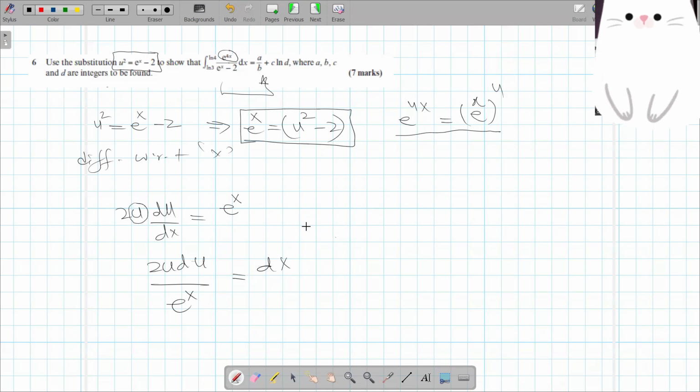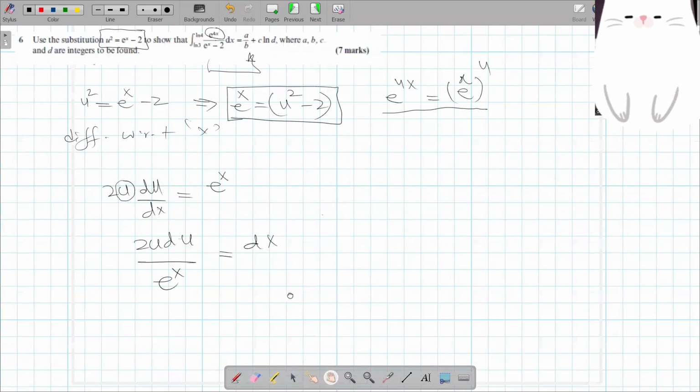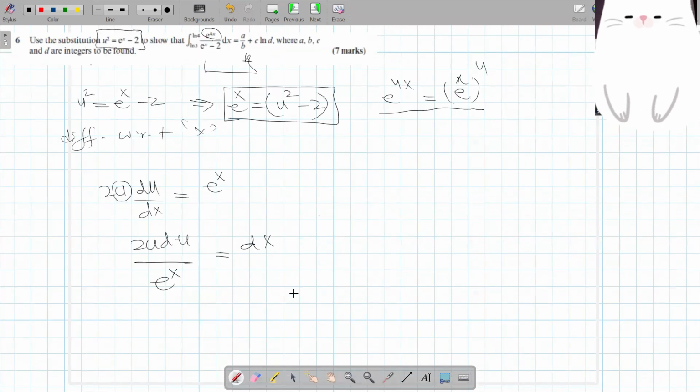If we are making this substitution, let's try to substitute. Give me a sec. e to the x minus 2 is equal to u squared, so in the denominator we have u squared. Let's try to substitute and try to integrate.